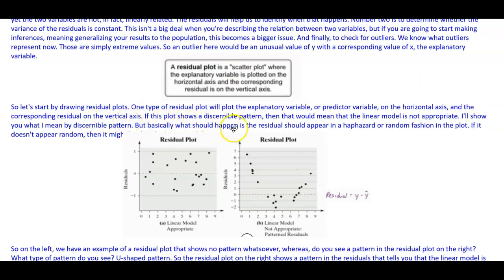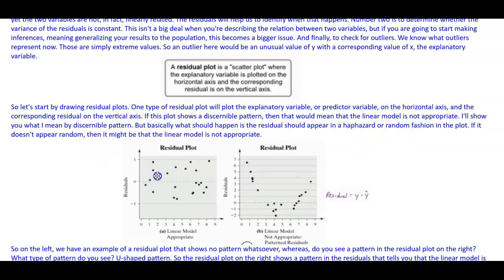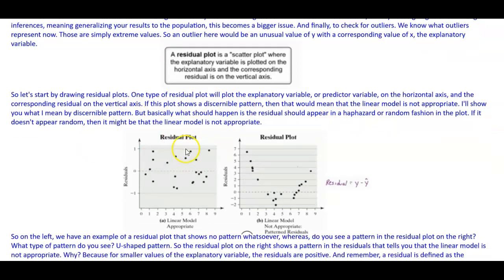If this plot shows a discernible pattern, then that would mean that the linear model is not appropriate. So I'll show you what I mean by discernible pattern. But basically what should happen is the residuals should appear in a haphazard or random fashion in the plot. If they don't appear random, then it might be the linear model is not appropriate.